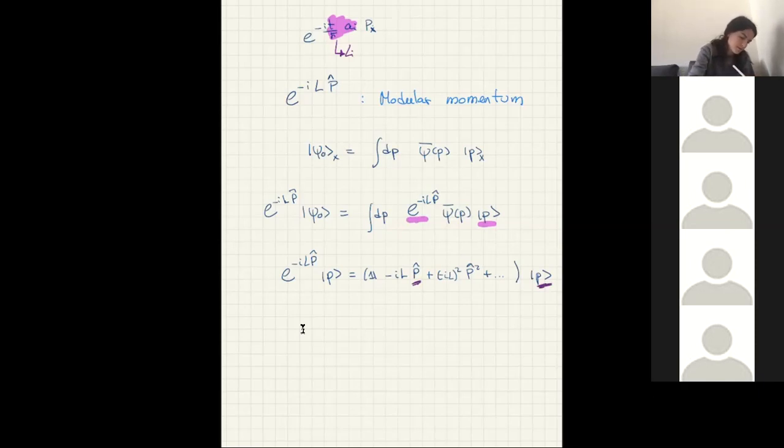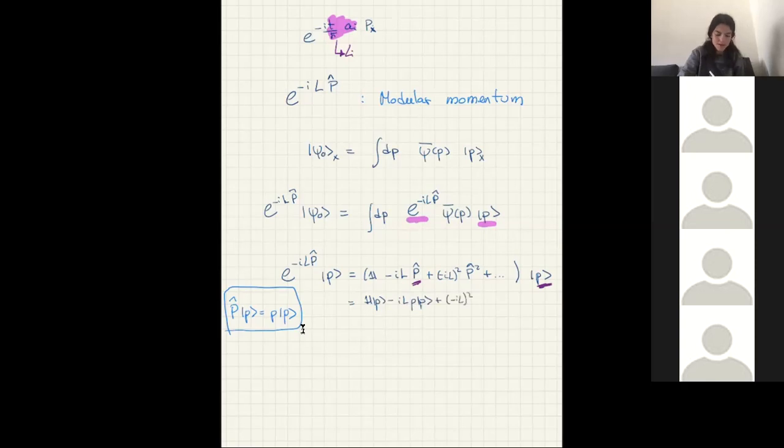We know that p|p> is small p |p>. So then what we get here is identity |p> minus i L small p |p> plus this term.